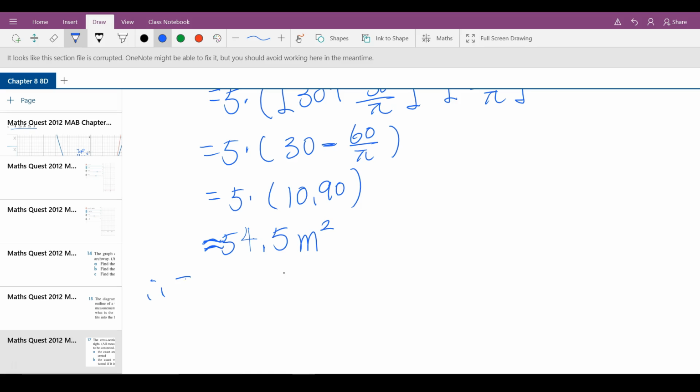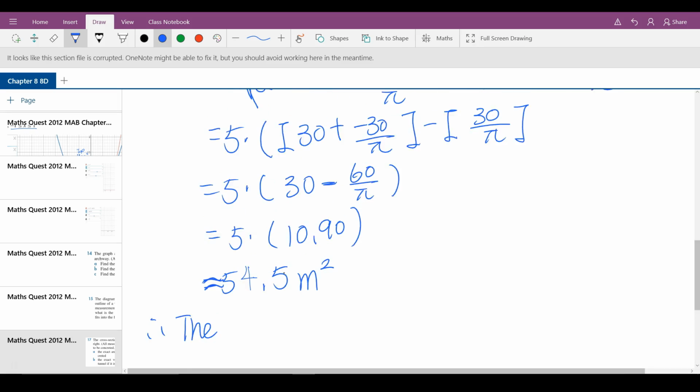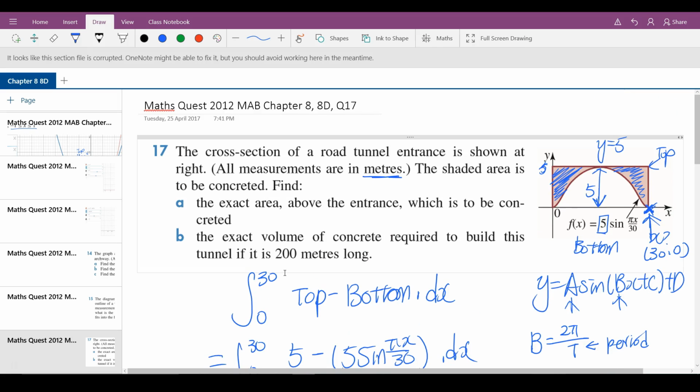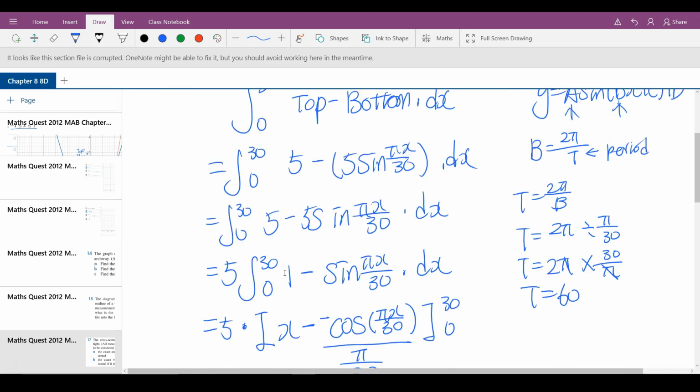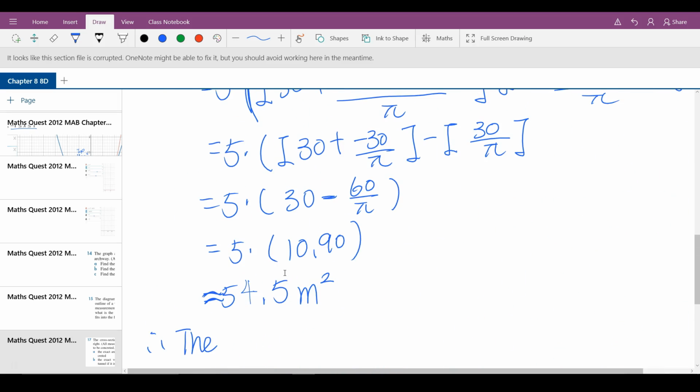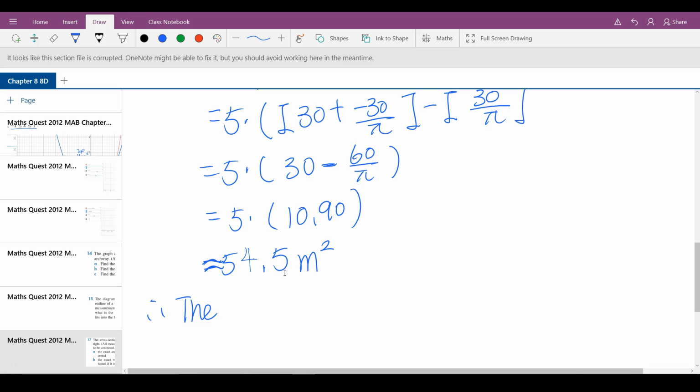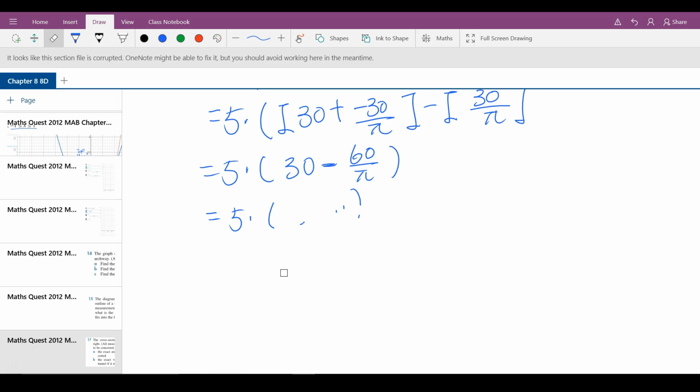So the exact area. Oh, are you serious? They want the exact area. Oh, okay. I guess we do have to do it that way then. The exact area.